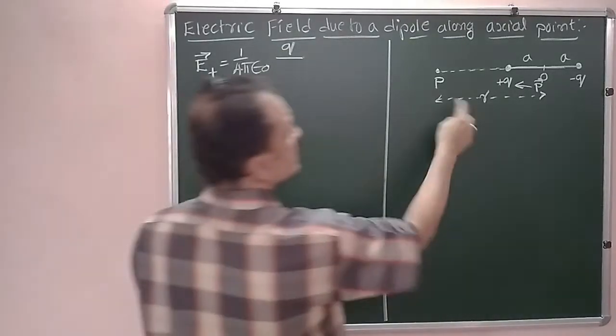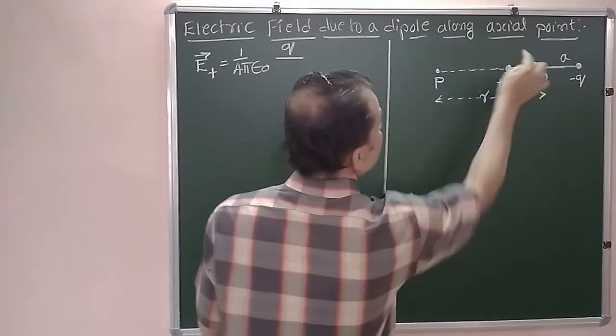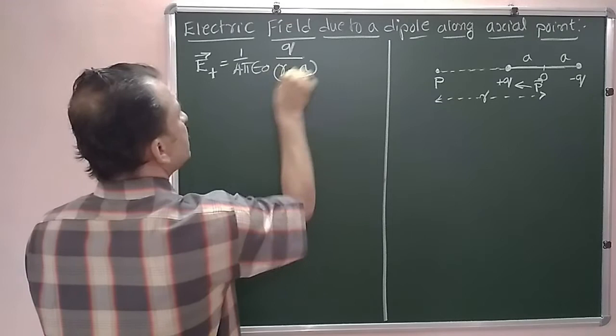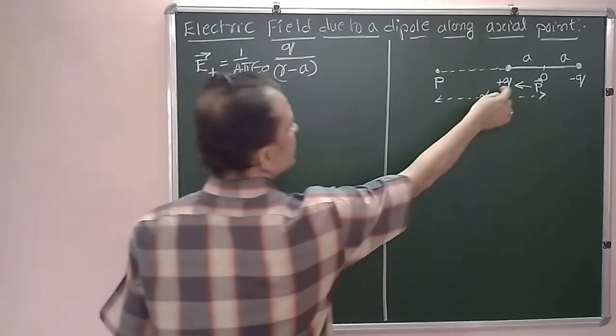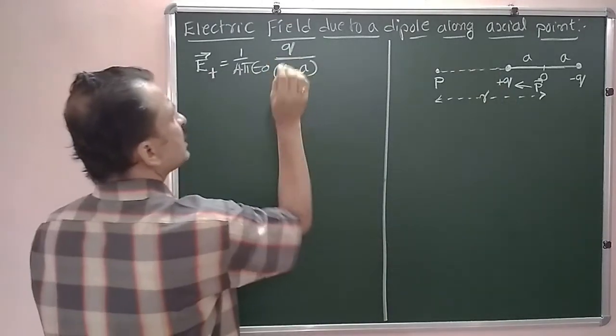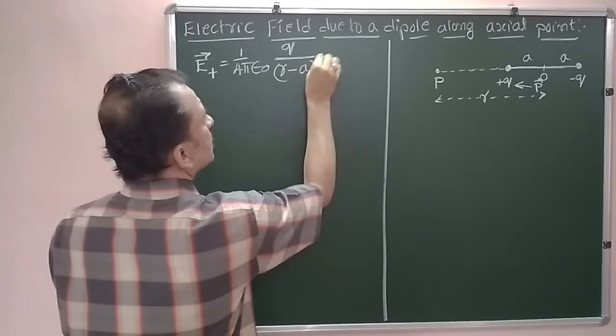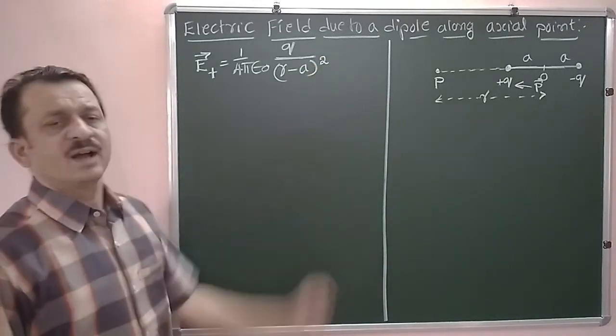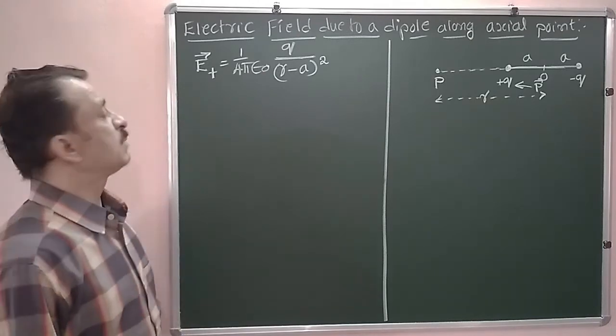Distance here is r minus a, because r is the distance from the midpoint, but the charge is here, therefore we have to subtract a, r minus a whole square. Now this is the electric field E plus.